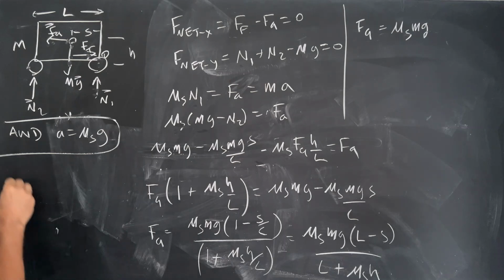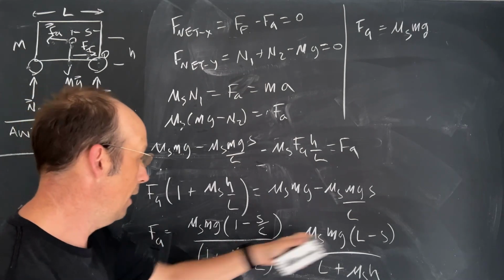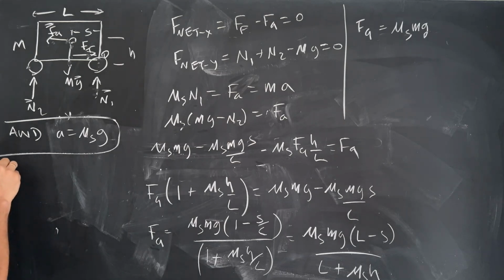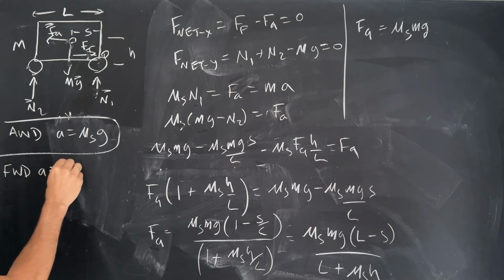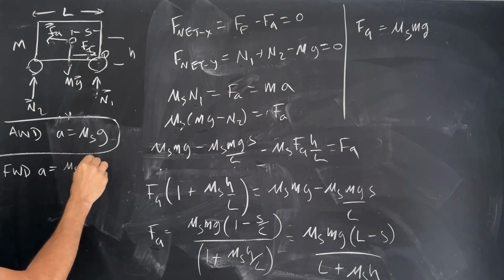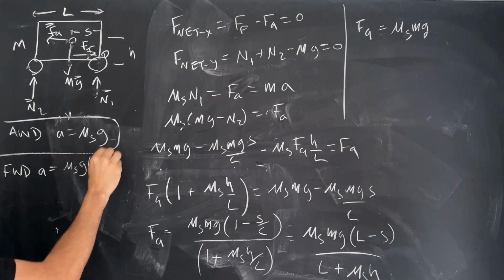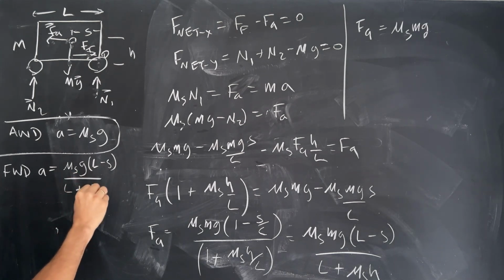So let's write that up here. And then I can divide by the mass, right? This is ma, so that mass goes away. So I get, this is front wheel drive, a equals mu s g times (L minus s) over (L plus mu s h).